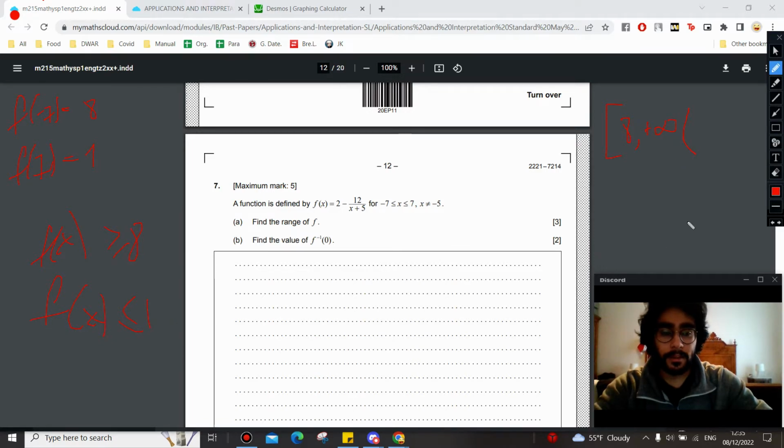And between 1 and minus infinity, you can write again an open bracket. Yeah, it's the same thing. Open bracket minus infinity until 1, but 1 is also included. I suppose, yes, I can get 1 and 8, right? So it's in my range, yes. And this will be your range, for example.